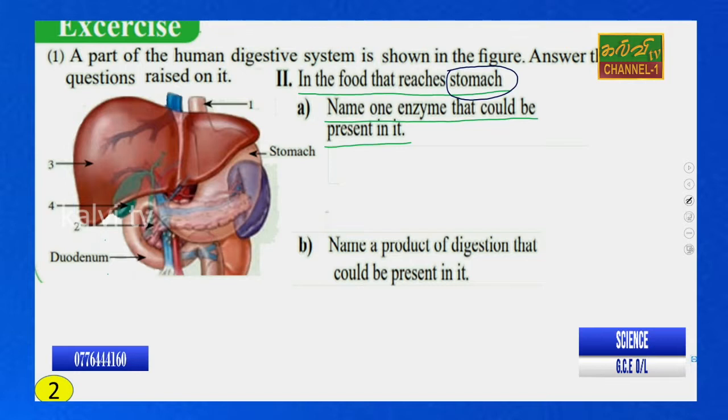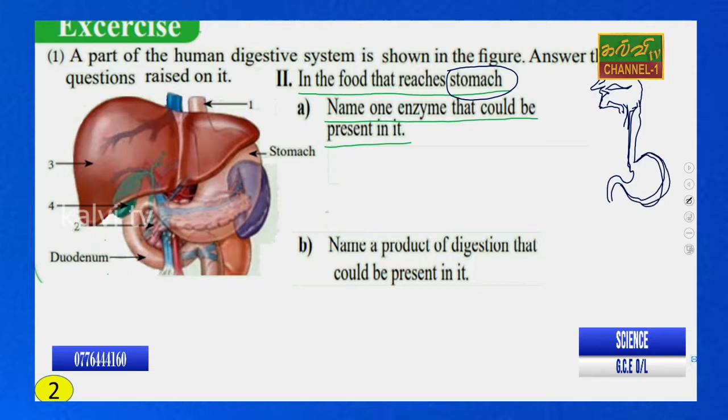In the food that reaches the stomach, that means the food already, we eat food, that time the food has been transferred from the mouth cavity to the stomach. From the mouth cavity to stomach.